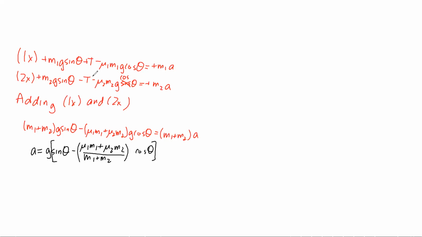What are we going to get? It's actually probably a homework exercise for you to do. I'll just do it on this side, just to finish the problem. So what I'm going to say is subtract equation 1x divided by m1 and equation 2x divided by m2.